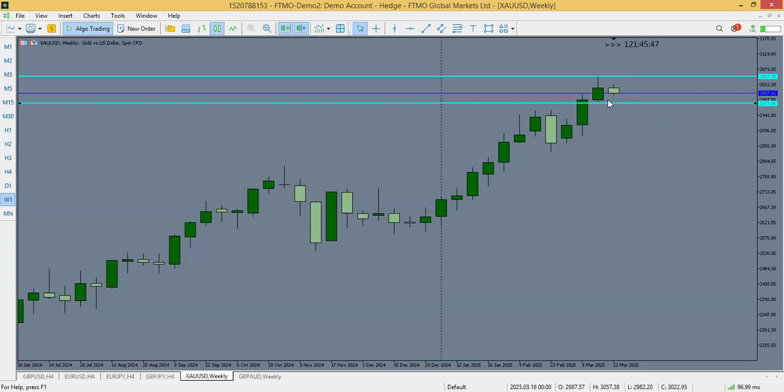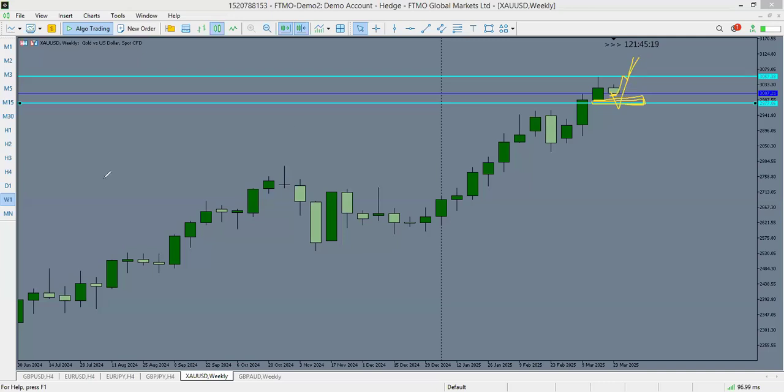What is price going to do now? Price will either come and test these lows here, because at the moment it's looking a bit bearish. It can come all the way down to these lows and then continue going back up, because it's still very bullish on this weekly chart. Or it will just stall from where it is right now and then begin to turn bullish and continue going up.